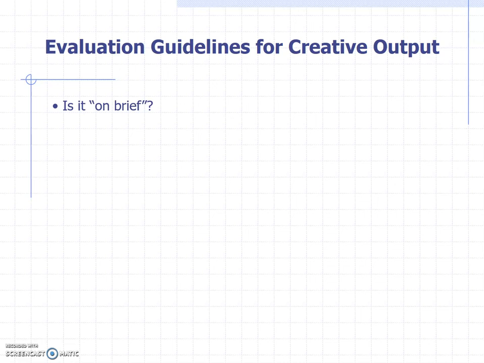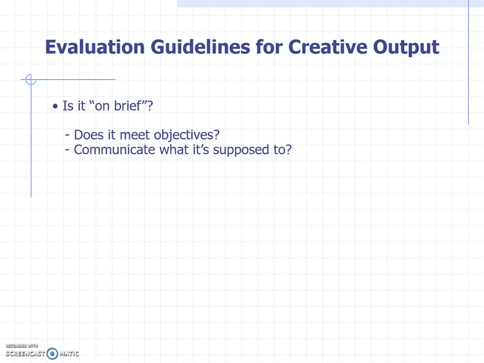Do you think that it achieves the objectives that you have set in your creative brief or your copy platform outline? That is the most important thing. So does it meet the objectives that you set? Does it communicate what it's supposed to? Is it appropriate for the specified target audience?